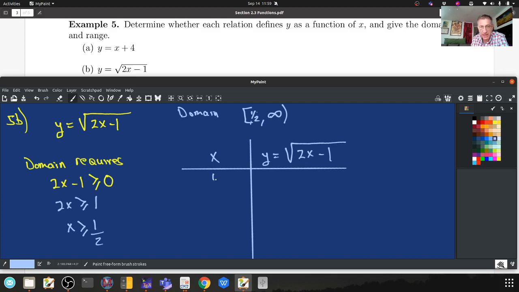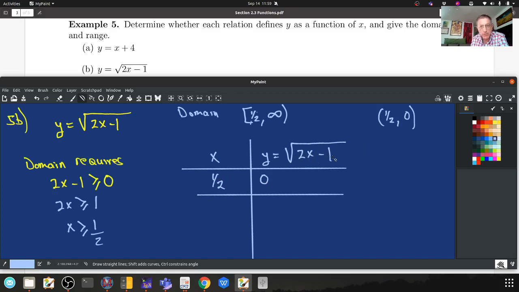So let x be 1/2. For our point y, 2 times 1/2 is 1, 1 minus 1 is 0, and the square root of 0 is 0. So I have one point on the graph, (1/2, 0). The point here is you're not supposed to be using calculators. I know if you've got a calculator, taking square roots is no problem. But I want my next number for x to satisfy what is my next perfect square.